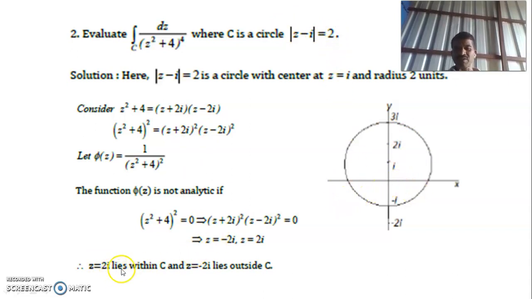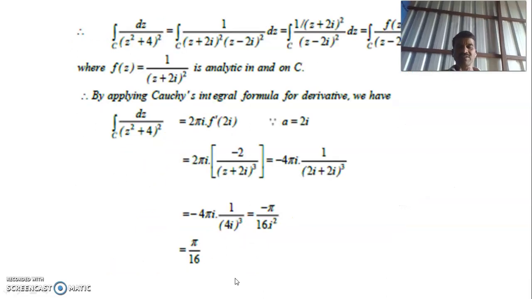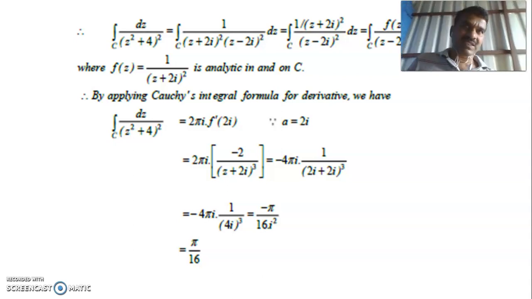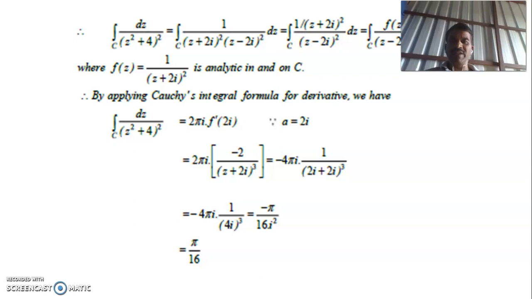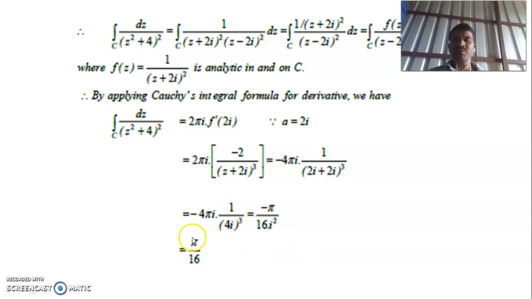So z equal to 2i lies within C, whereas z equal to minus 2i lies outside C. We can find the integration using only the point which lies inside C. What lies outside, the factor with minus 2i, we can take to the numerator of the integral.